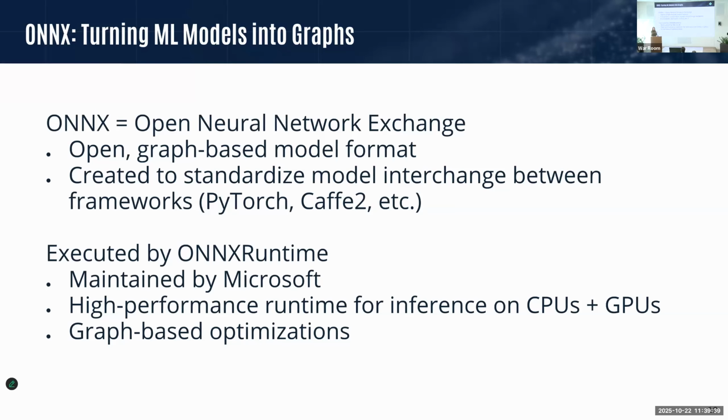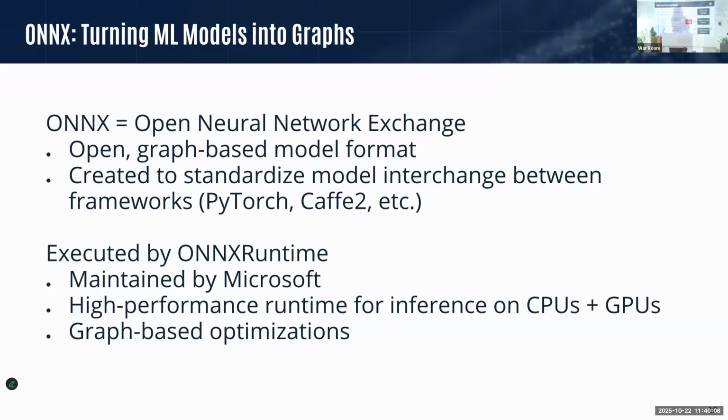So maybe you would originally define your model in PyTorch, and then you would translate it into ONNX, basically. And that is a file format. That file format is then executed by open source software called ONNX Runtime. It's also open source. It's maintained by Microsoft, and it does a bunch of optimizations on the computational graph level. And it's a high performance runtime for inference on both GPUs and CPUs.